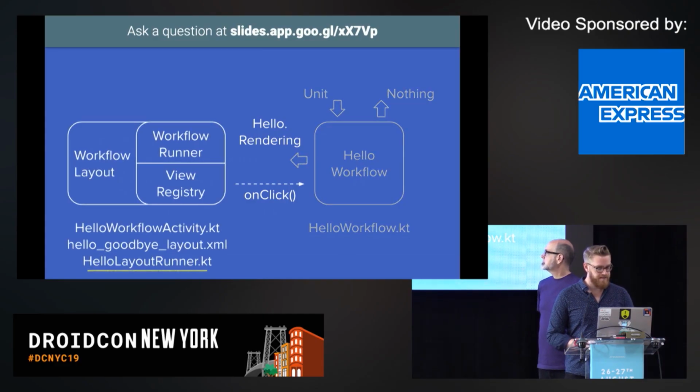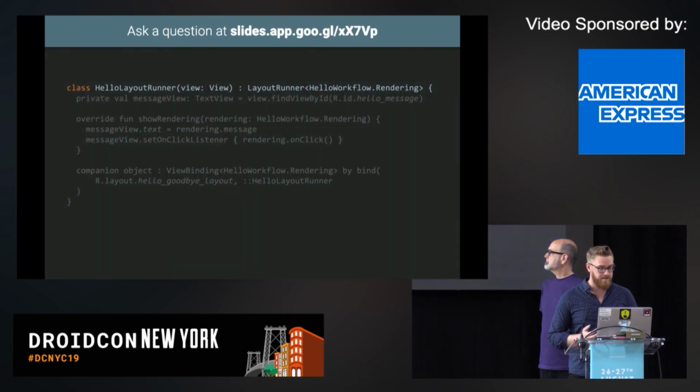So now let's look at the layout runner. We've got this rendering screen. We need some way to actually get that on display. So layout runner is an interface that is basically a really simple presenter. It's strongly typed to the screen that it displays, in this case, the hello workflow rendering, and it typically gets an inflated view in its constructor.